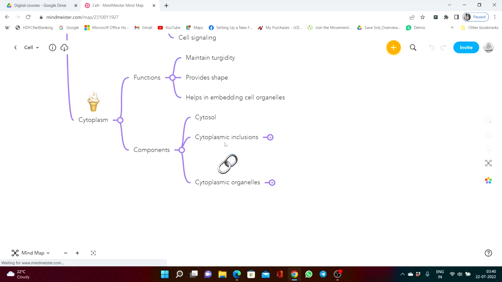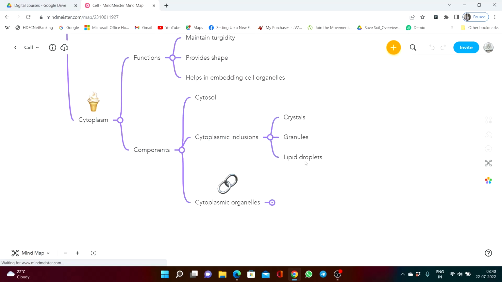Cytoplasmic inclusions are non-soluble substances like crystals, granules and lipid droplets. You can imagine the ice cream part as the cytosol, and the fruits and nuts in the ice cream as the cytoplasmic inclusions and the cytoplasmic organelles.